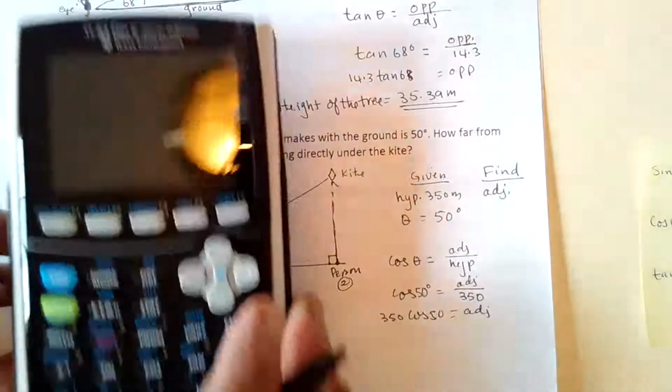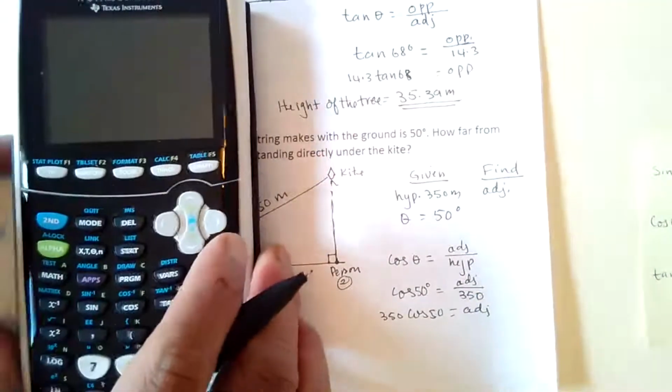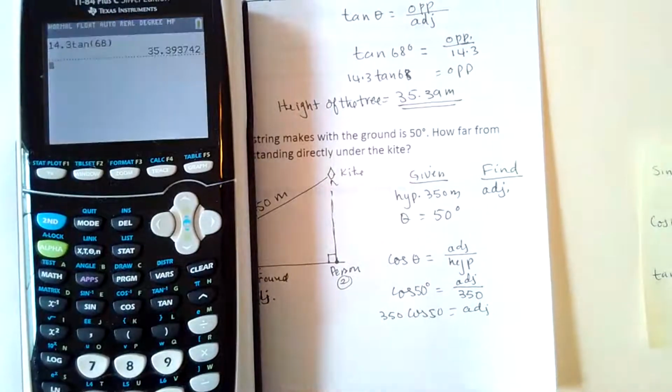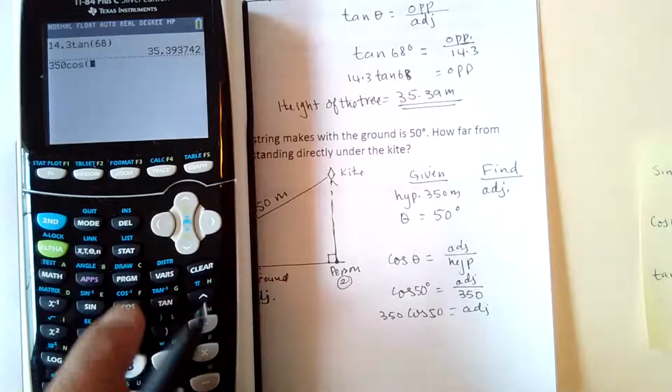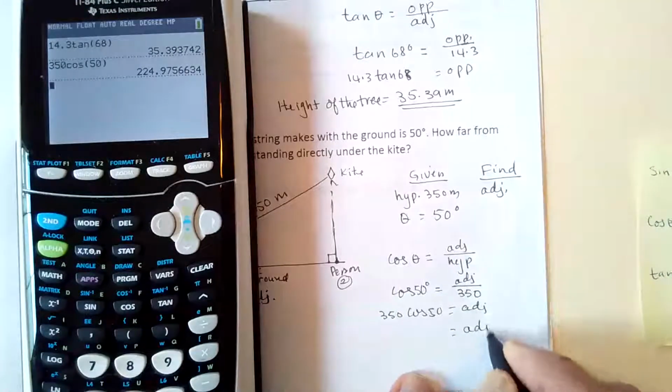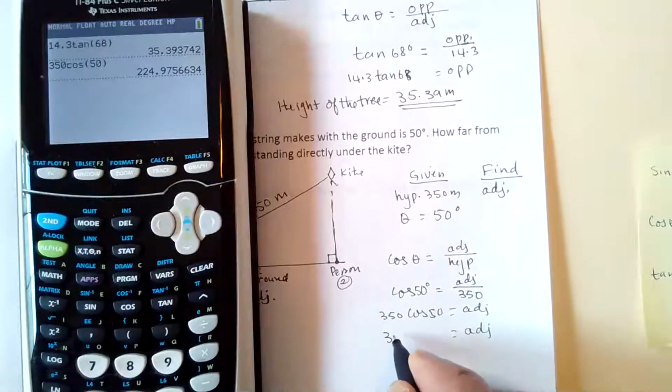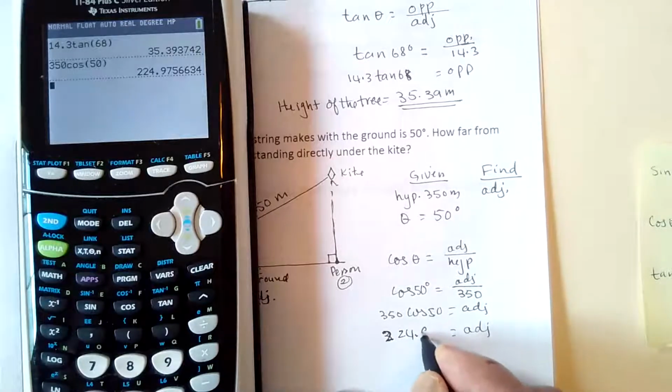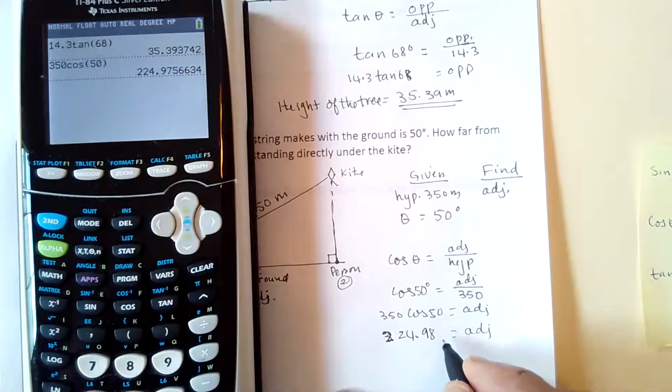And bring up my good old calculator here. So 350 cos 50 gives me a measurement of 224.98 meters.